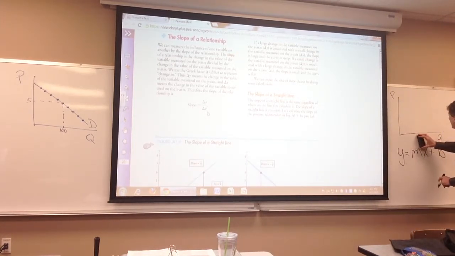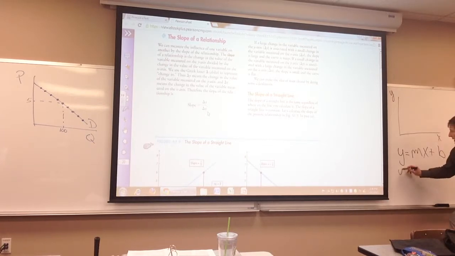So what that would look like if it was a positive line, I guess I'll keep this in y's and x's here. So y equals 2x plus 3. So the intercept is 3 graphically. And then the slope is this number.